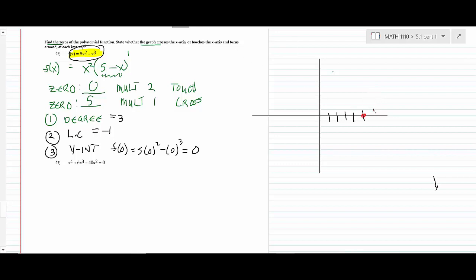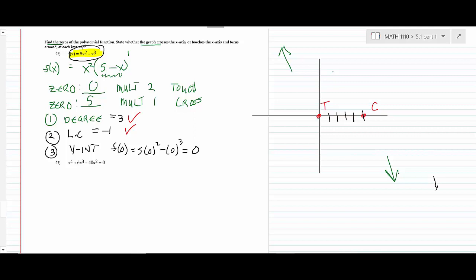So that crosses. Then we had a 0 at 0, and that touched like that. And we have the y-intercept of 0 already. Since the degree is 3 and the leading coefficient is negative, the graph at the endpoints is going to behave like that.